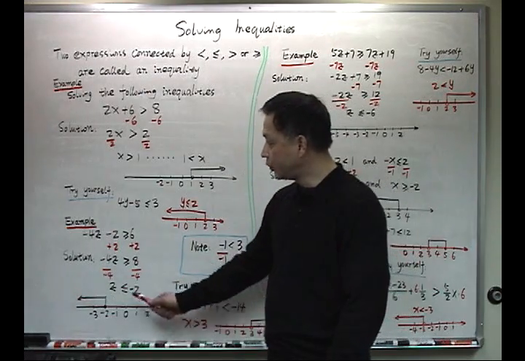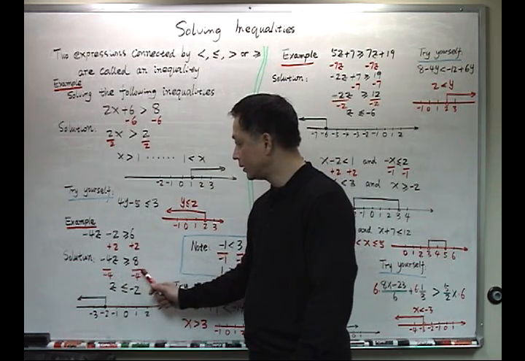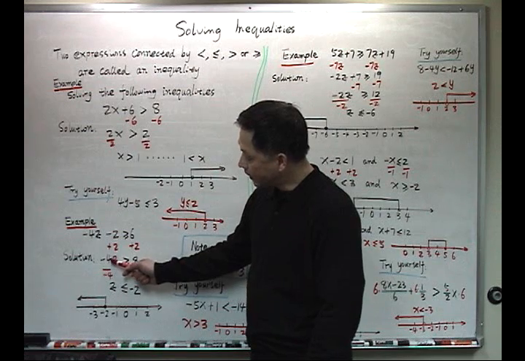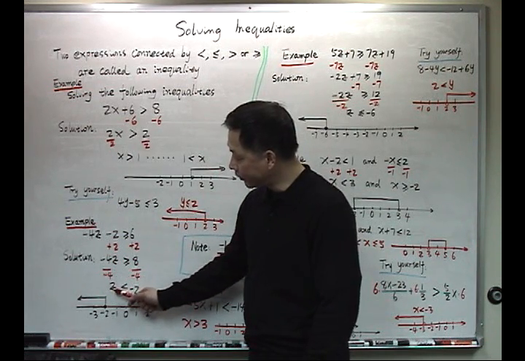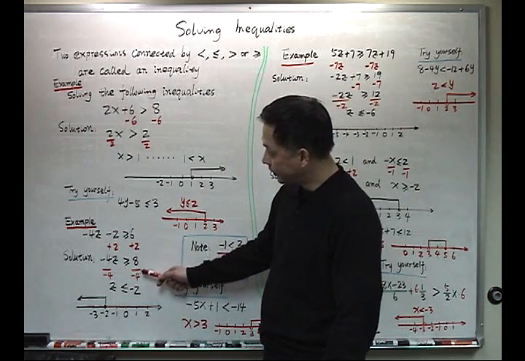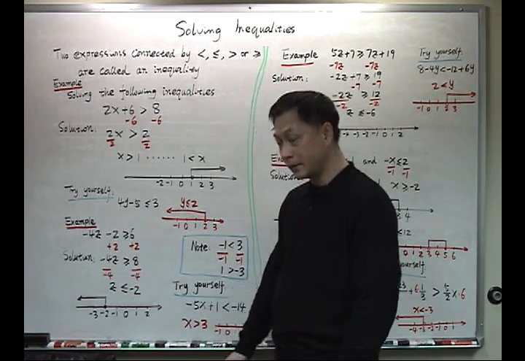Now, you want to divide by negative 4. Negative 4 cancel each other, so you have a z. The right hand side is 8 divided by negative 4, you have a negative 2.